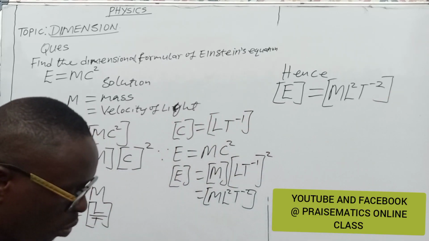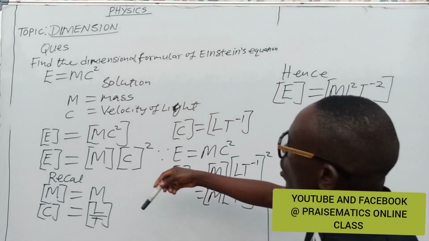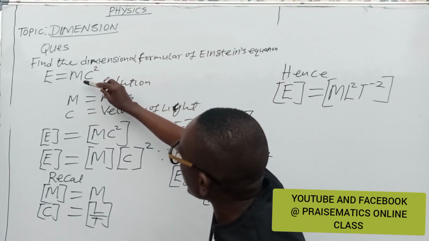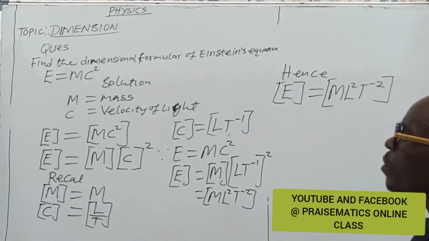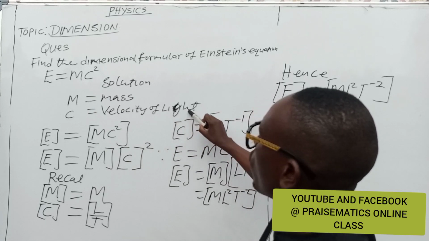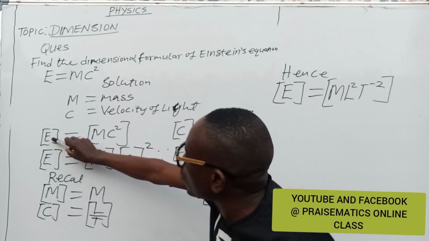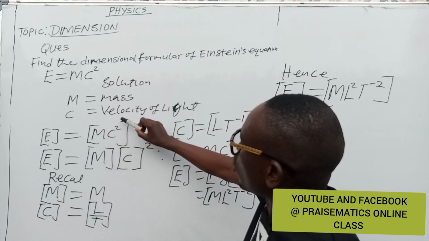So now let's go back to what we have solved. Look at this. The Albert Einstein equation is E equal to mc squared, where m is mass and c is the velocity of light. Now the dimension of the Einstein equation is equal to the dimension of mc squared.